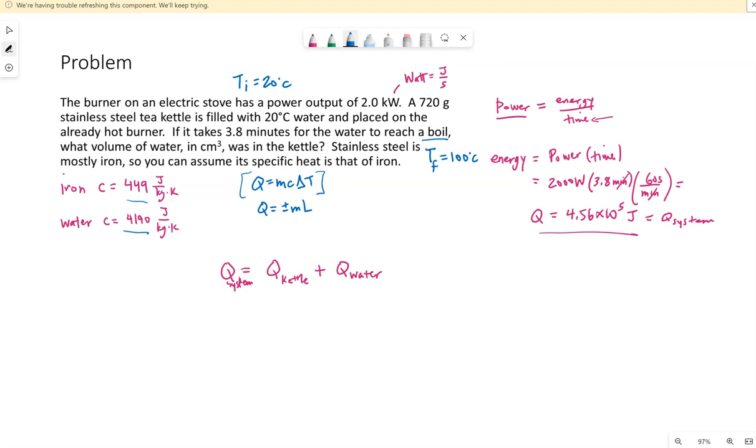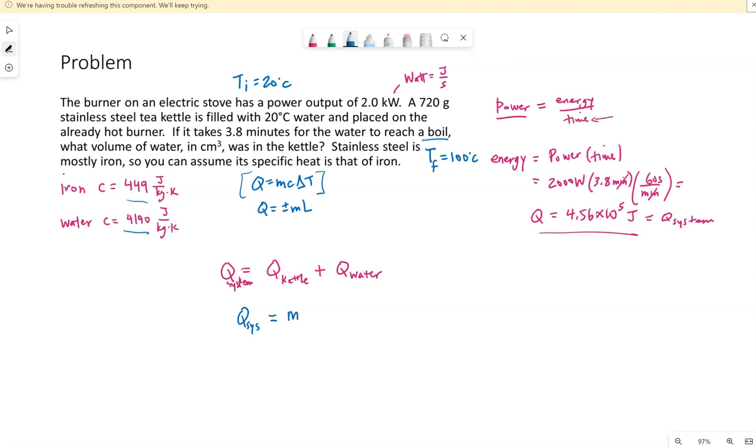In this particular problem, we're just looking at getting the water to a boil. We're not going to calculate how much energy is needed to boil water off. So we actually only need m c delta T in this case.